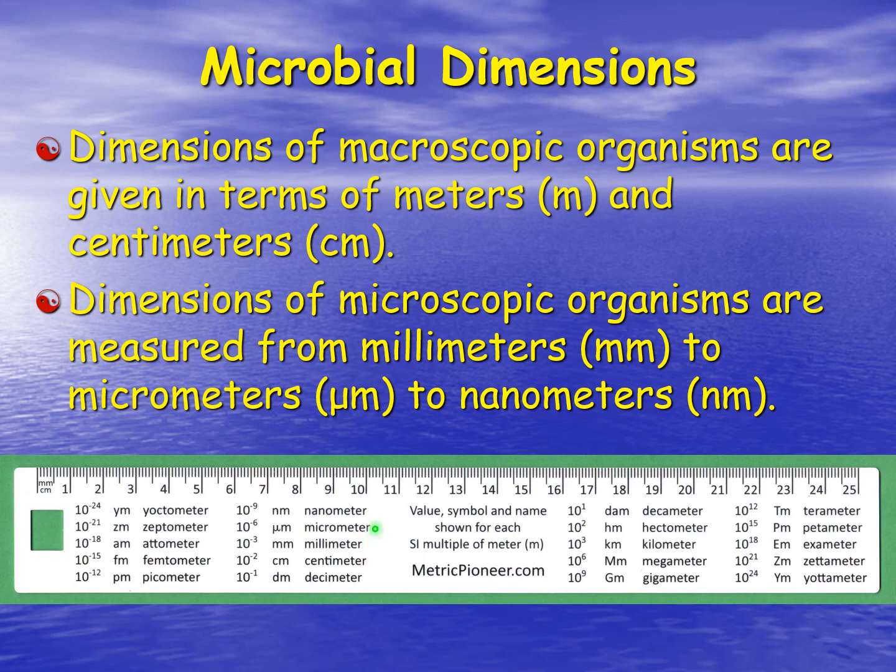And then if you were to go in between each one of those micrometer lines and put 1,000 hash marks, each one of those would be a nanometer. So there are 1,000 nanometers inside each micrometer. And if we do the math, that means that there are 1,000,000 nanometers in each millimeter. There you have nanometers.